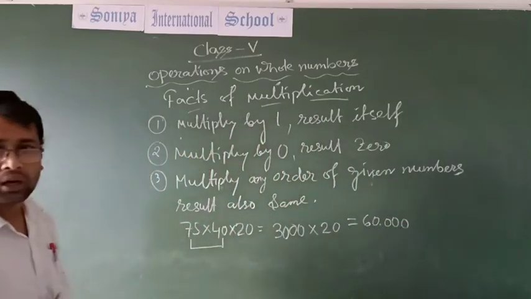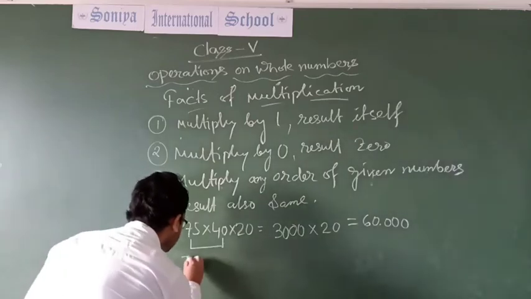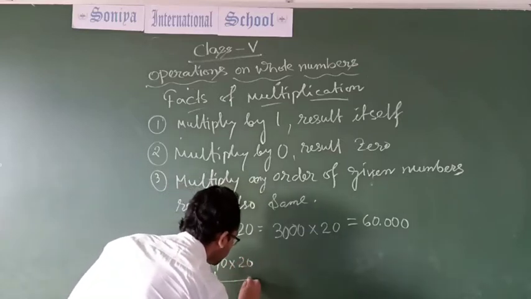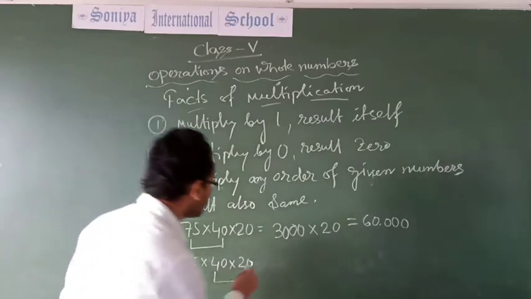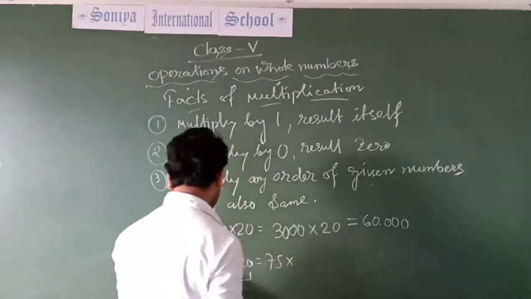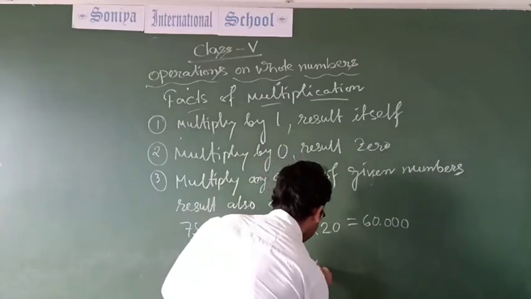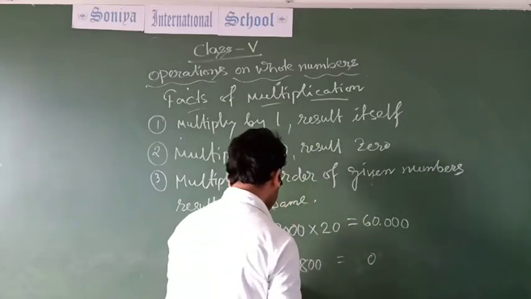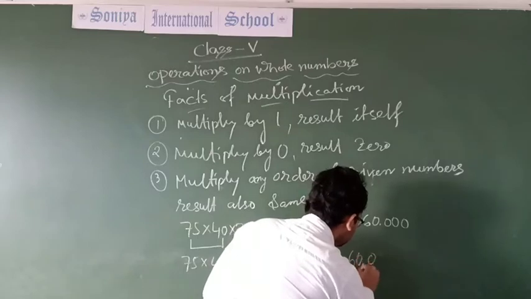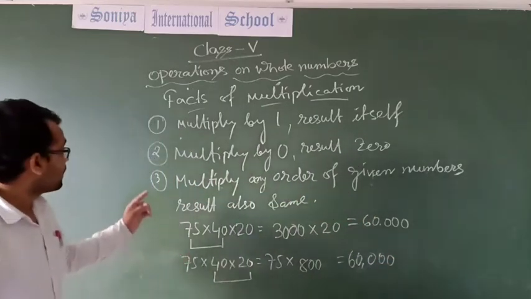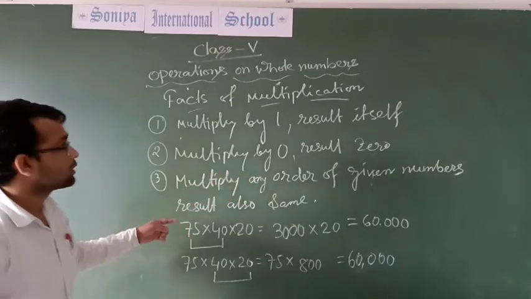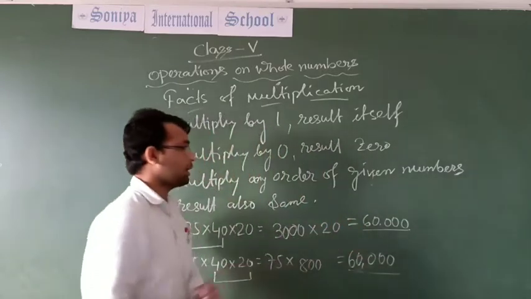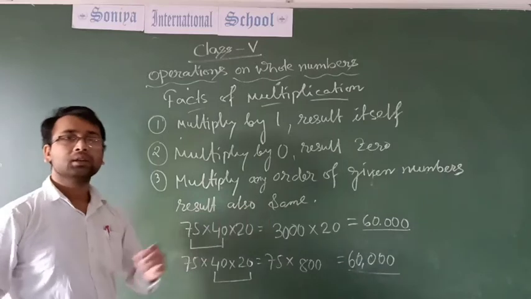Another way: 40 times 20 is 800, and 75 times 800 is 60,000. So multiply in any order of given numbers, the results are also the same. 60,000 and then 60,000.